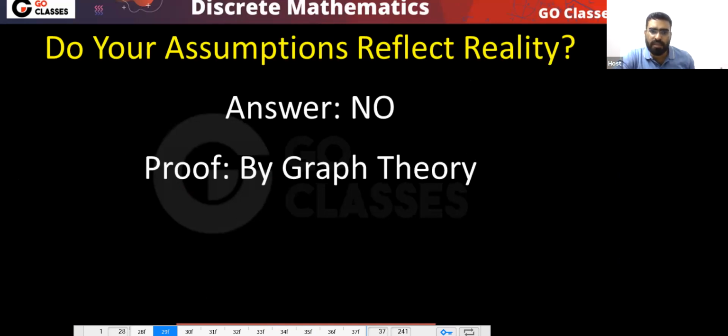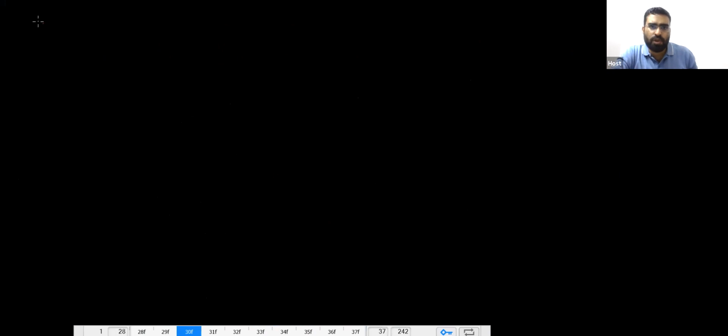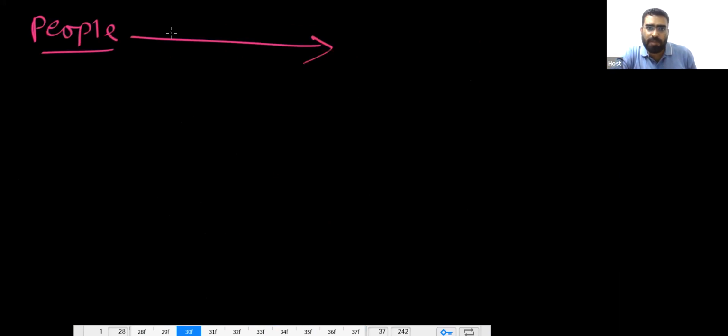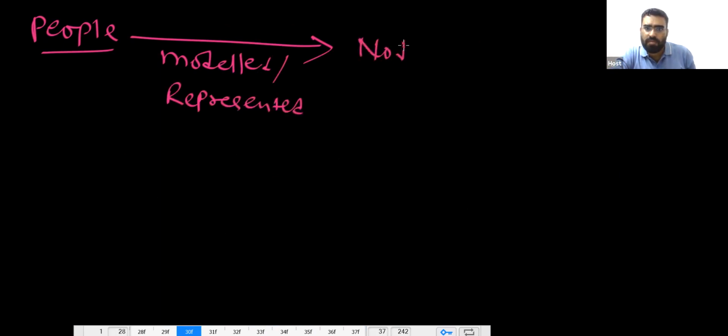You can use graph theory, and in graph theory, what we have done is that these people we have modeled, or I can say represented, using nodes, or I can say dots.